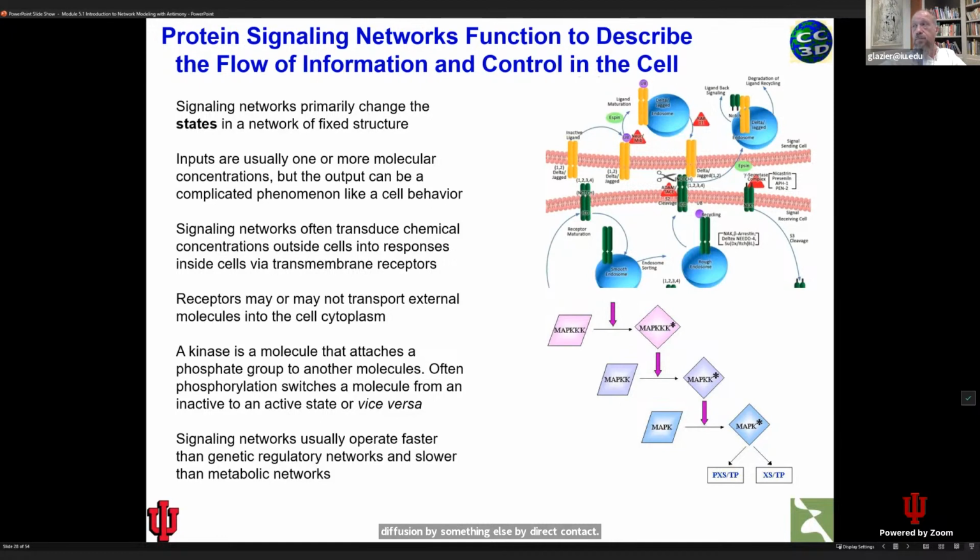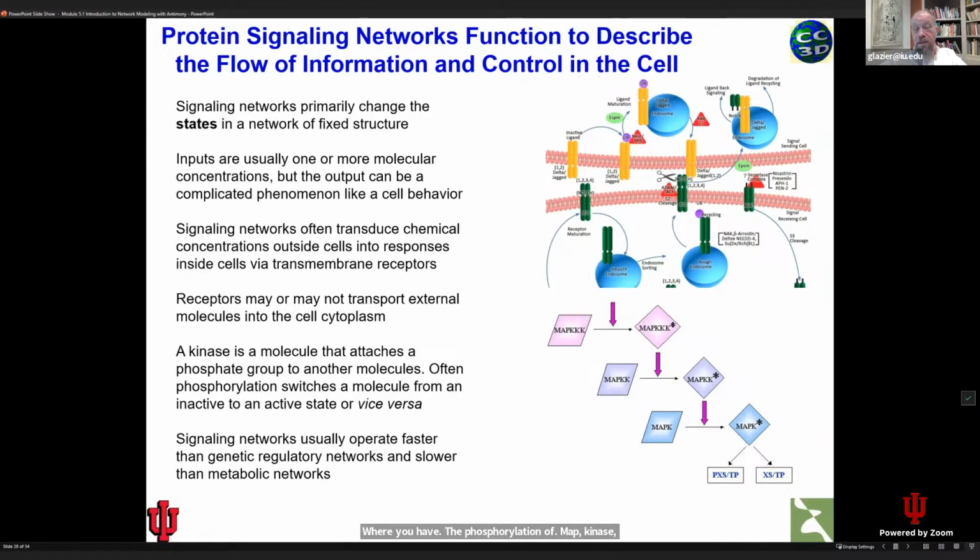How is it received? Cells have a variety of transmembrane receptor proteins. We'll talk later today about a specific one, a pair of them, delta and notch. Those transmembrane receptor proteins mediate between signals in the outside world and signals inside the cell. They tend to send signals through phosphorylation cascades. The classic example of a phosphorylation cascade is the MAP kinase cascade, where you have the phosphorylation of MAP kinase.